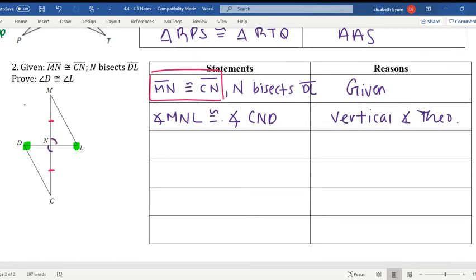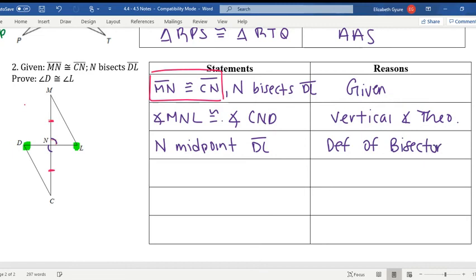Very good. We have a bisector, right? But remember, segment bisector is a little tricky. Segment bisector provides us with the midpoint, and then the midpoint will provide us with the congruent segments. So we're going to say N is the midpoint of segment DL. That is the definition of a bisector.